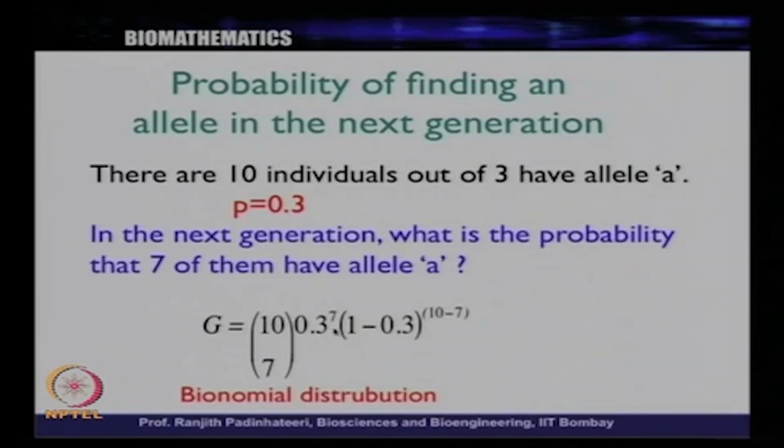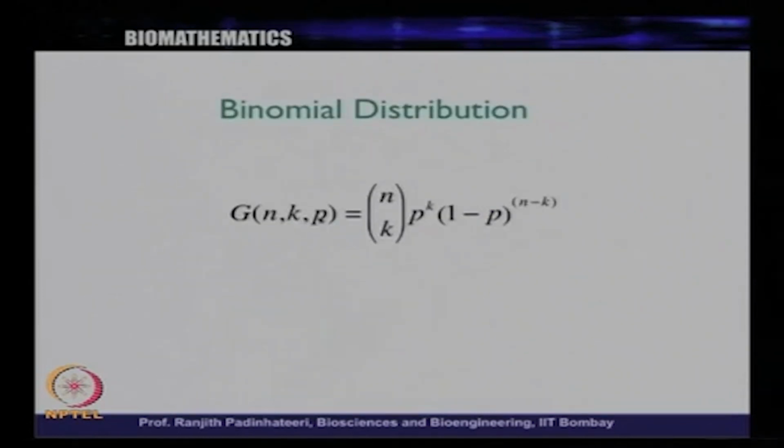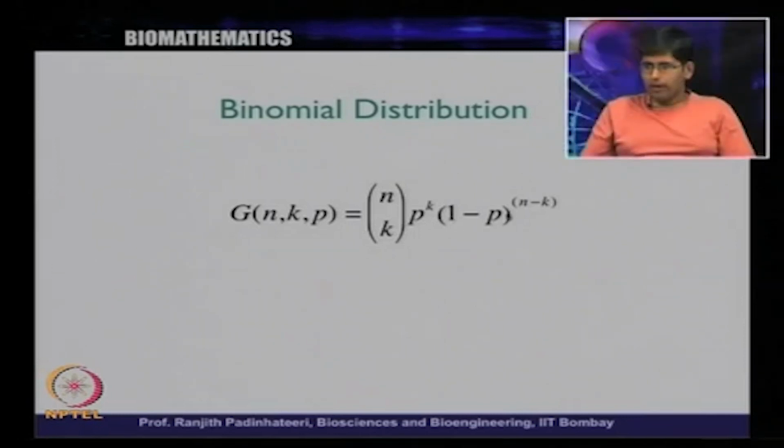Now, when we say binomial distribution, it has some particular properties. In general, the binomial distribution is n C k p to the power k, 1 minus p to the power n minus k. This is the general nature of the binomial distribution.